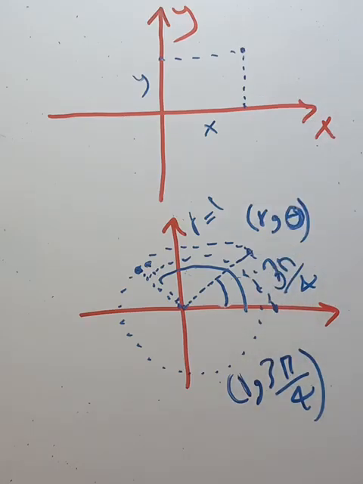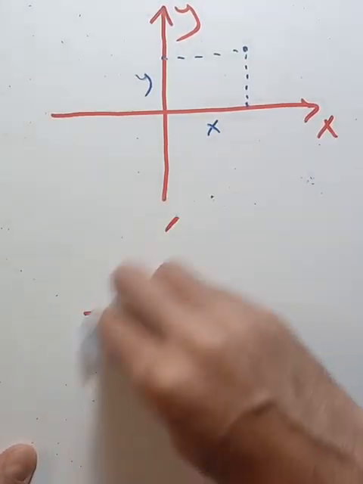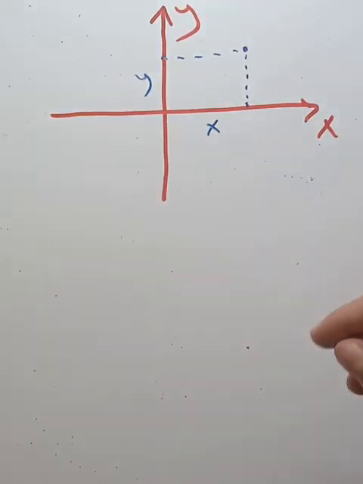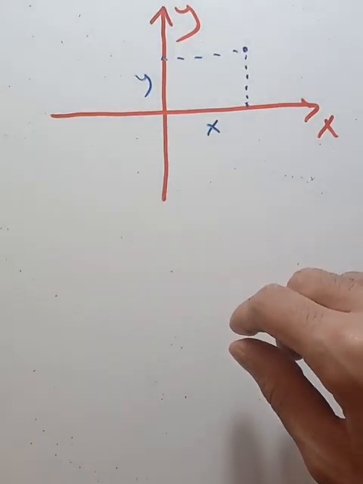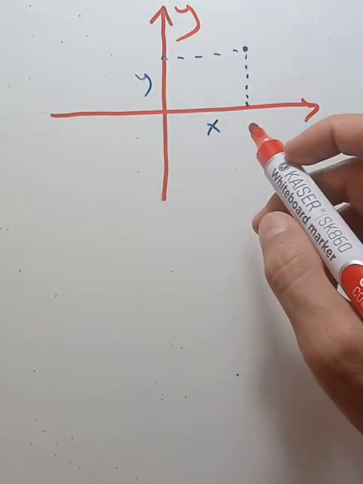But why do we need the polar coordinate system? Here I'm going to give you 2 reasons. The first one is that sometimes, particularly in celestial mechanics, we deal with central forces, which are central gravitational forces.